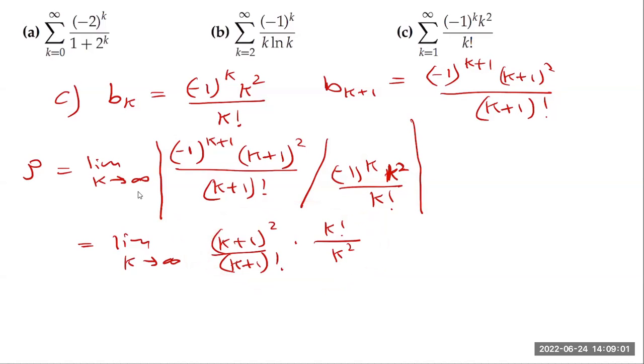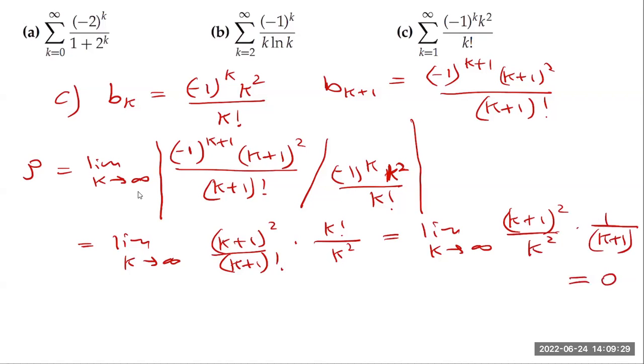Okay, now you have certain cancellations here. This will be cancelled with the first k factors here, and k plus 1 will survive in the bottom. Here, of course, you get the limit as k goes to infinity of (k plus 1) squared over k squared, and then remember you have an additional k plus 1 in the bottom. Okay, this limit is clearly 0. Why is it 0?